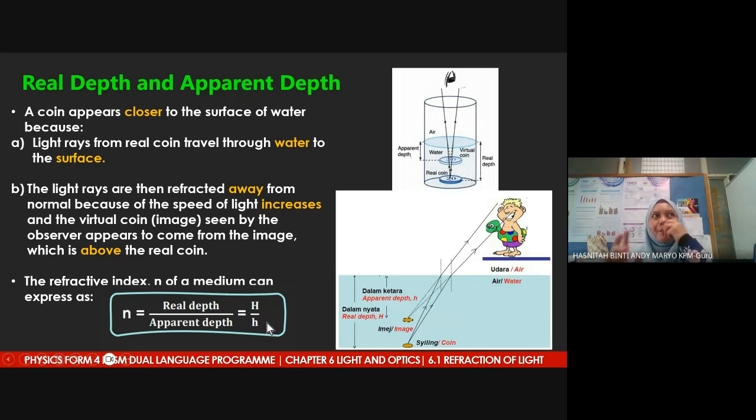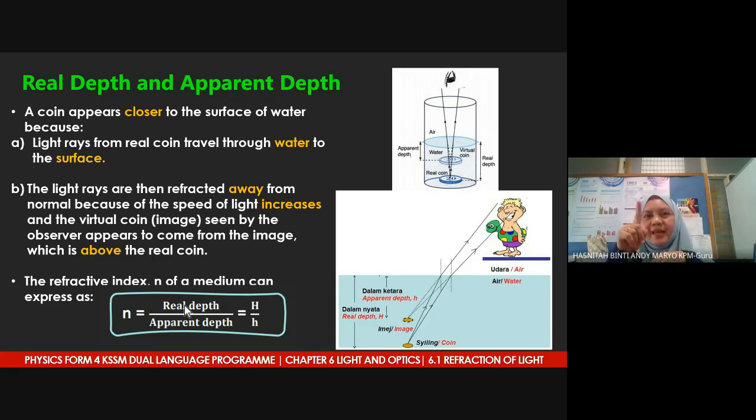So from here we understand there are three ways we can write refractive index. First, n is c over v, the speed of light in air to the speed of light in medium. Second, we can write n as sine i divided by sine r. Third, we can write n as real depth divided by apparent depth.